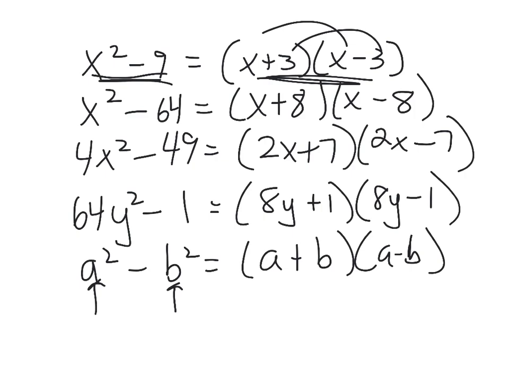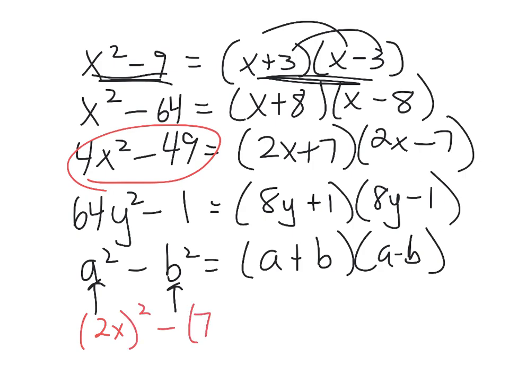So for an example, in the example 4x squared minus 49, if I were to rewrite this, 2x was the term being squared, and 7 is being squared to give you the 49.